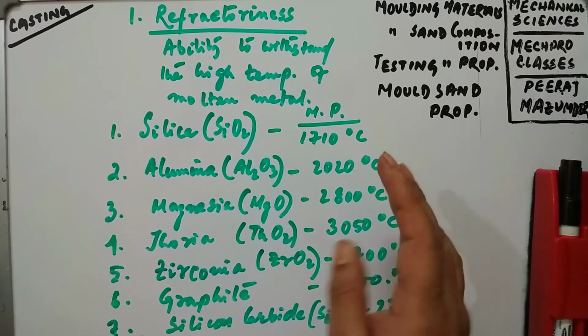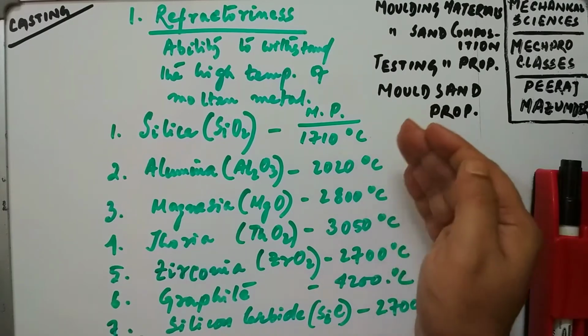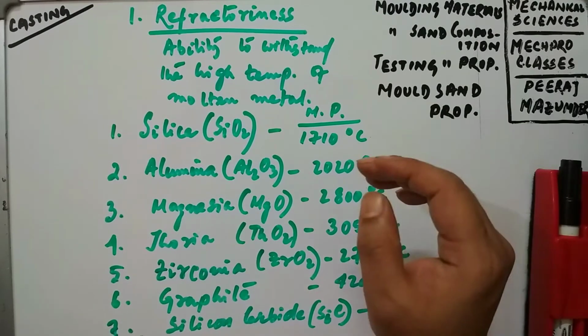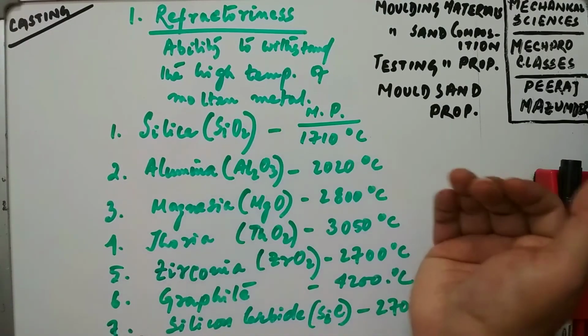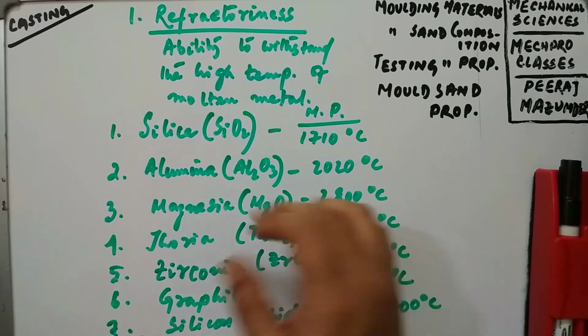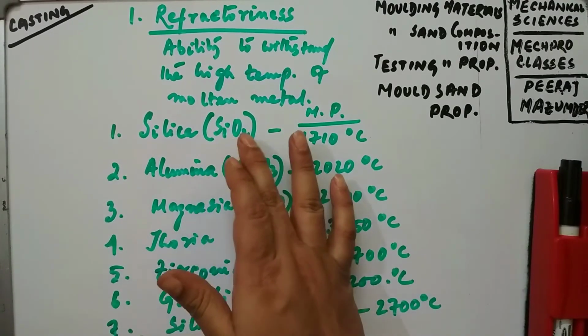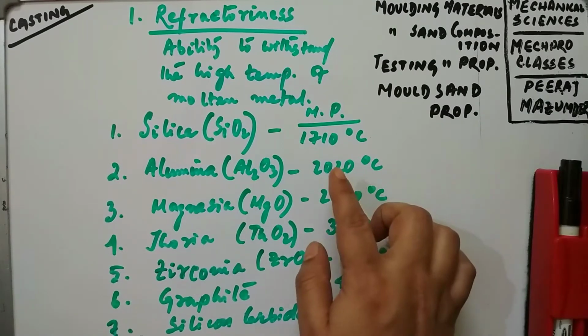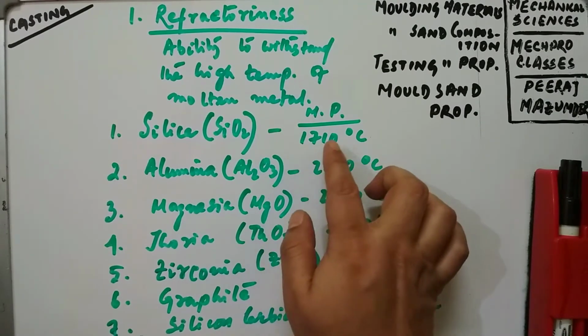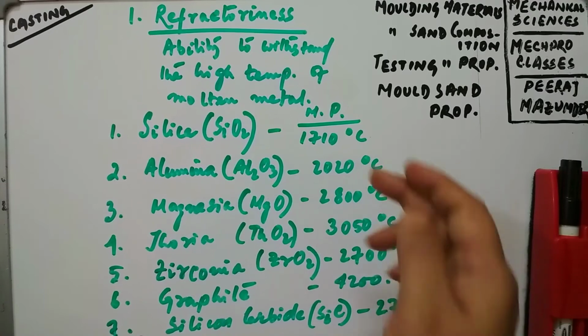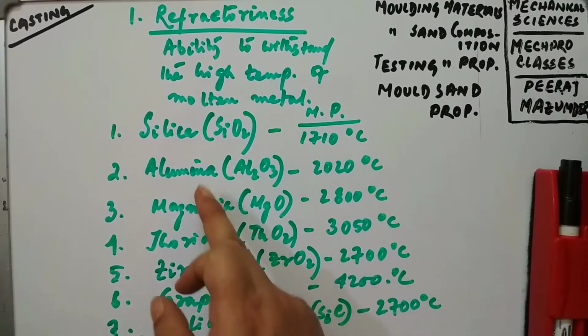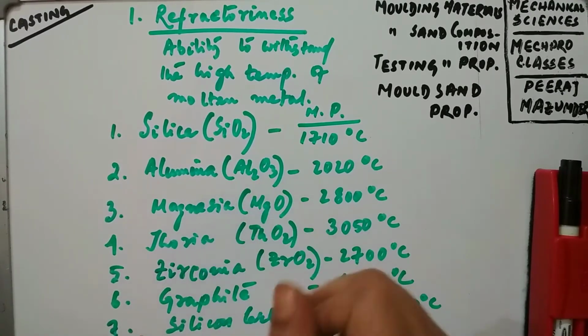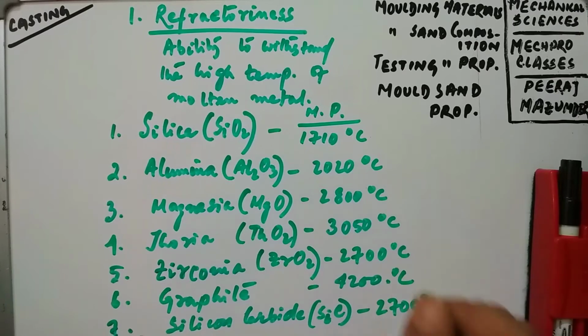So the more the value of the melting point, the more refractory the material will be. Okay, so you can see silica, SiO2, has 1710 degrees Celsius as the melting point. Okay, now coming to the alumina, Al2O3, it has got 2020 degrees Celsius.